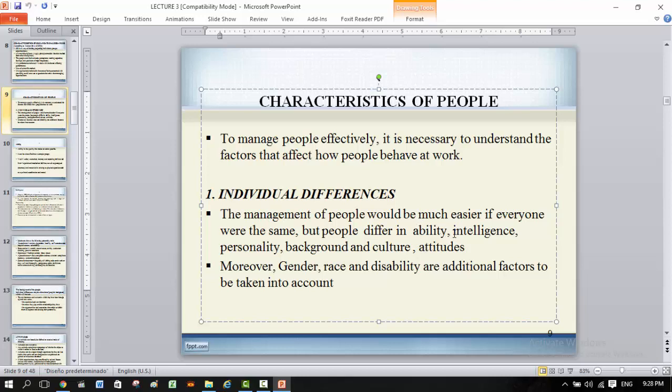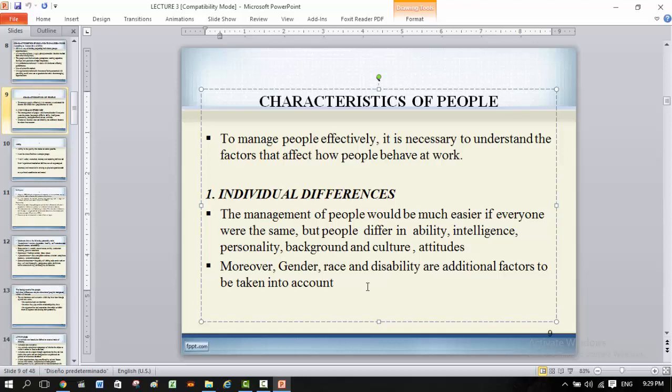Some may be more intelligent, some may be less intelligent. Similarly, there are some personality traits. Some people may have one type of personality, the other may have another type of personality. Similarly, the family background of the employees also affects their performance. They may belong to one culture or the other culture. The attitude, all these result in what we call workforce diversity.